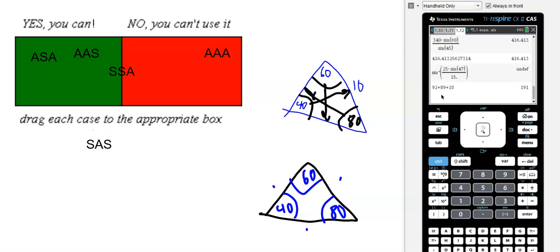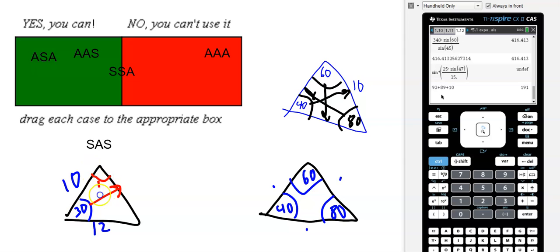In SAS, let's think through that one for a second. You have a triangle and you're given two sides, 10 and 12, and the included angle, like 30 degrees. Is that enough information? You'd have sine of the angle over its opposite side, but you only have one of that ratio.